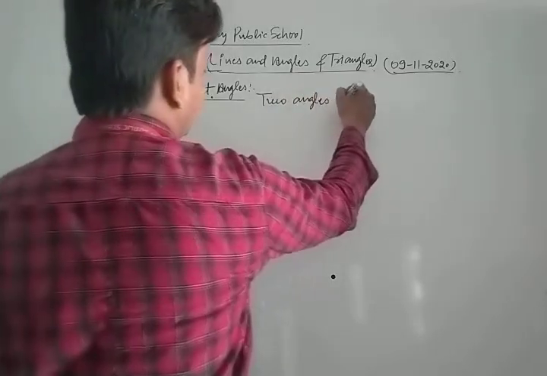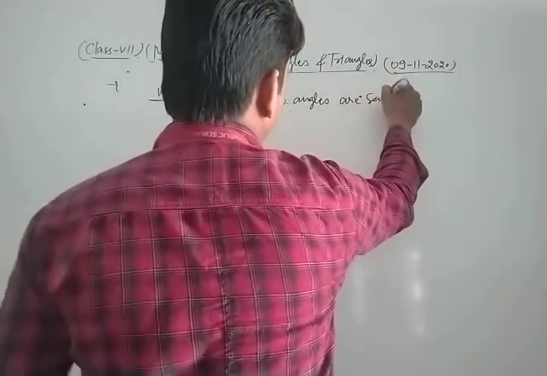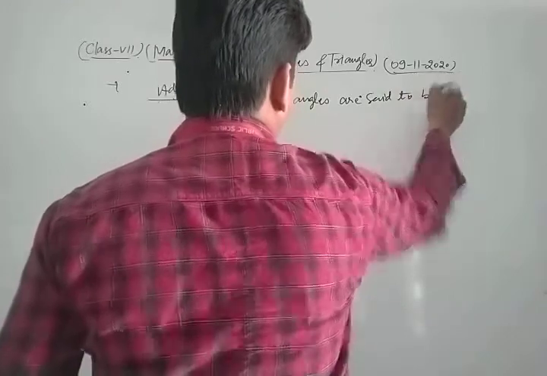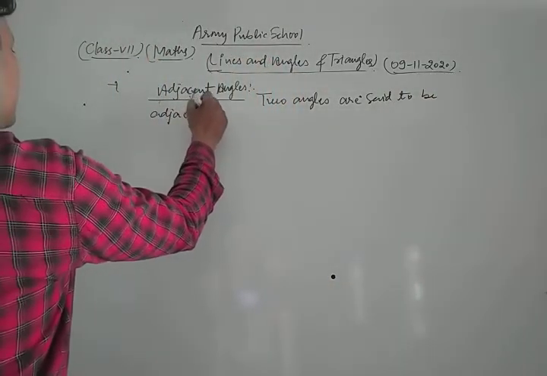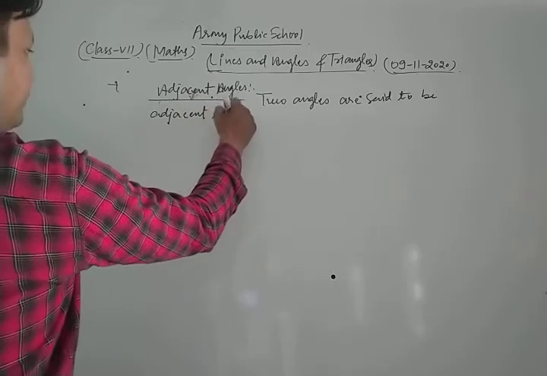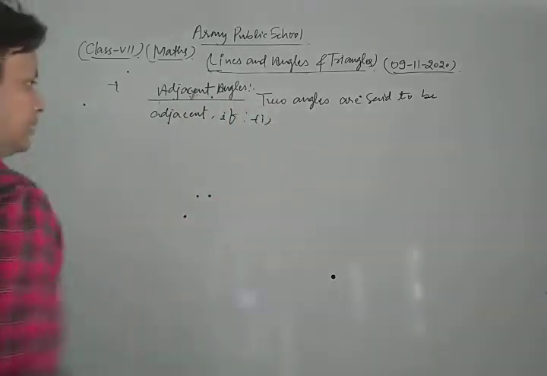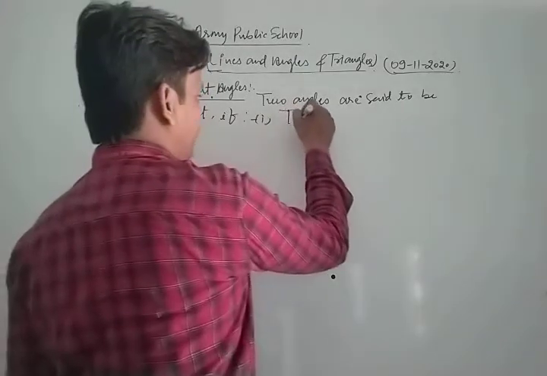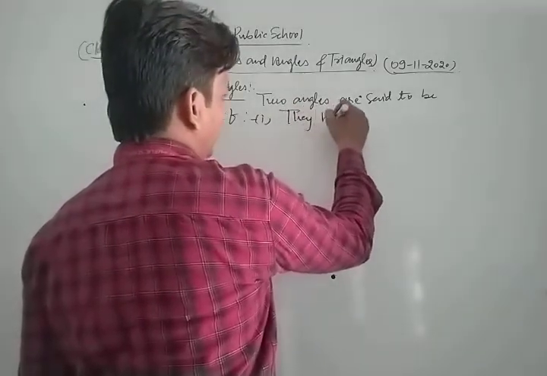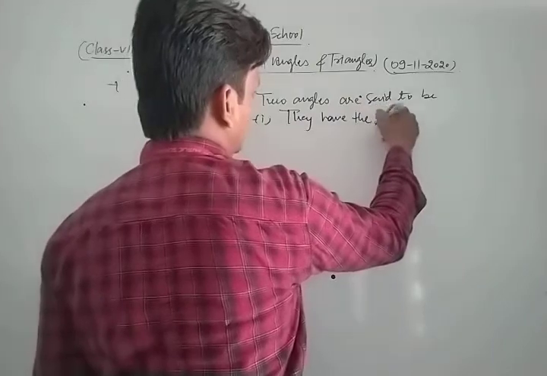Dear students, two angles are said to be adjacent if, first point, they have the same vertex.